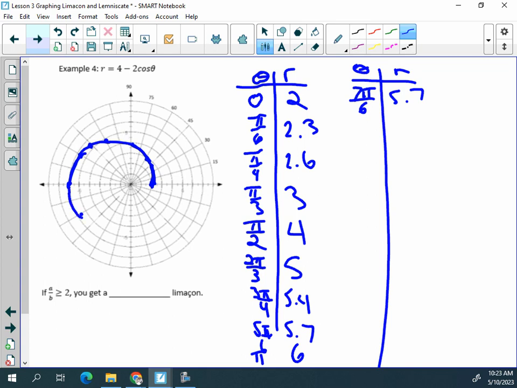Okay, if you plug in 5 pi over 4, you're going to get out 5.4. If you plug in 4 pi over 3, you're going to get 5. If you plug in 3 pi over 2, cosine of 3 pi over 2 is 0, and 4 minus 0 is 4.